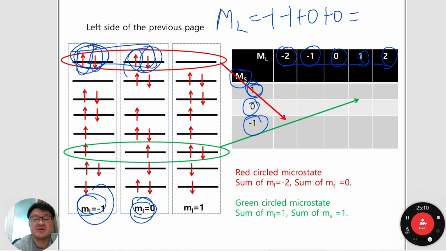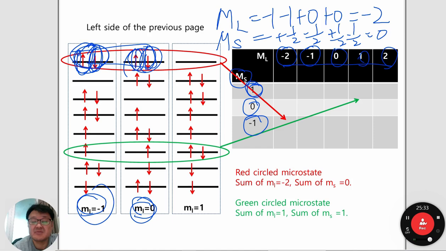That should be -2, right? Now, regarding spin quantum number, the sum of the spin quantum numbers: plus half, minus half, plus half, minus half. That should become 0. Then -2, 0.